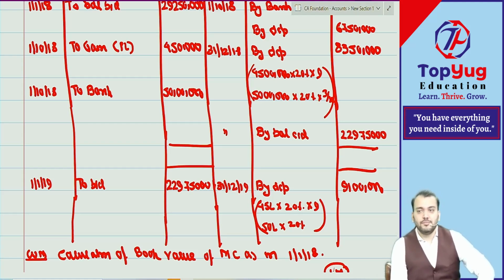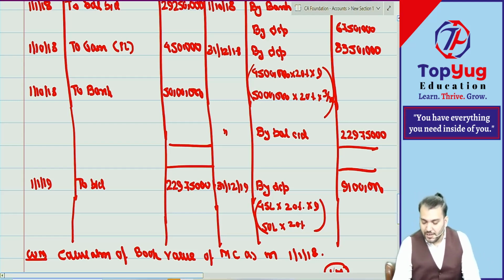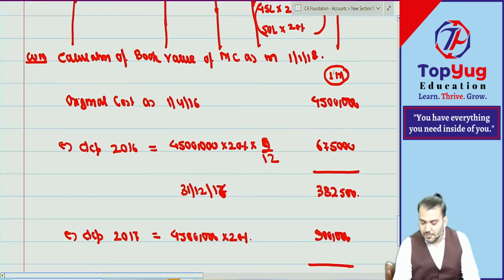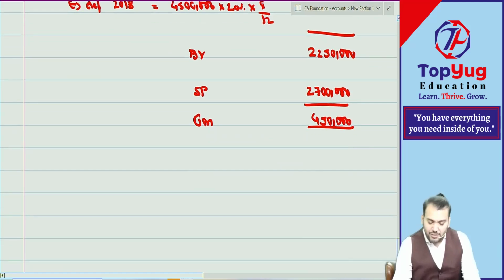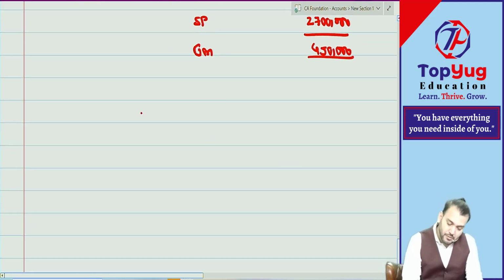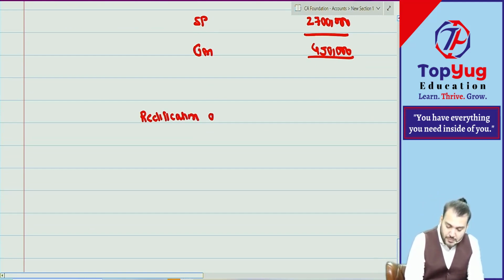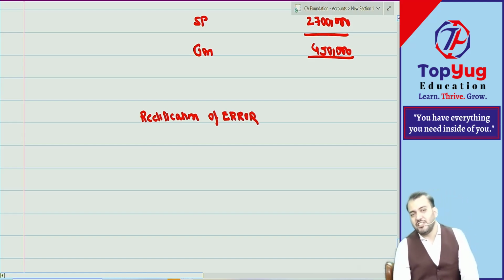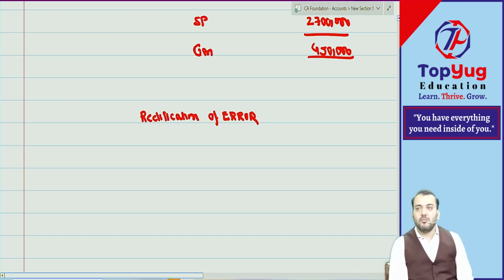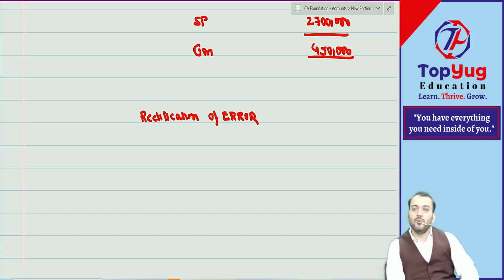Any more doubt? Can we come to rectification? Now, let us start rectification. In the last class, we have done types of error. Then we discussed the first stage. The first stage was rectification before trial balance.